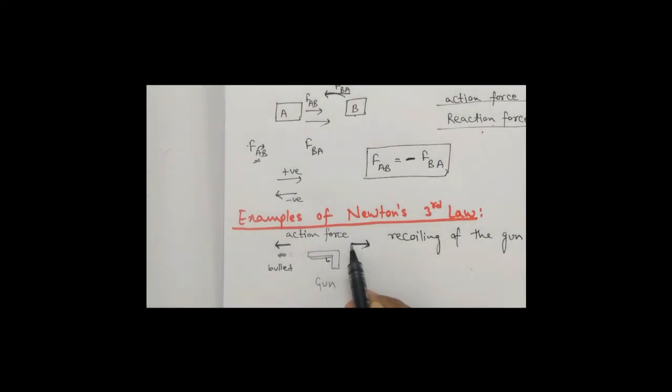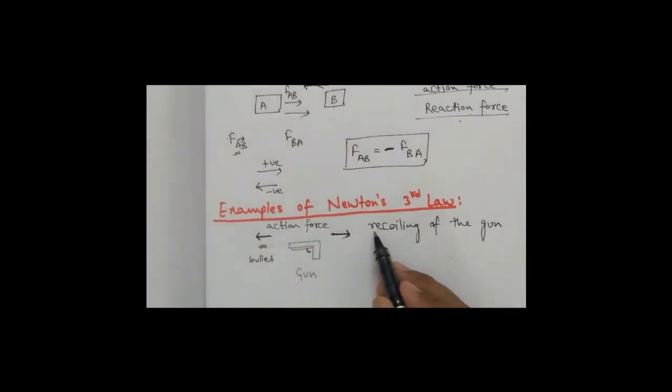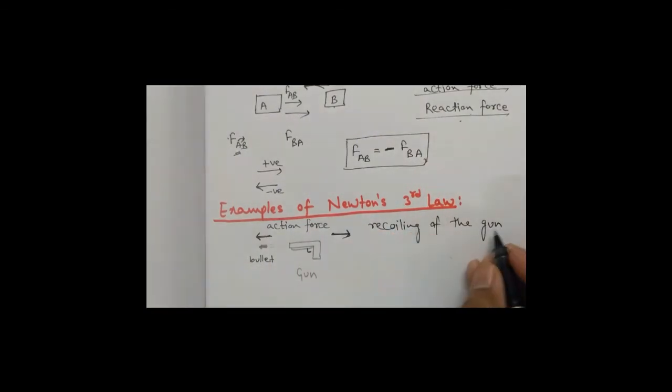Due to this backward force, the man who is holding this gun will experience a backward jerk. This backward force is also known as recoiling of the gun. This is the concept of recoiling of the gun. The backward force is recoiling.